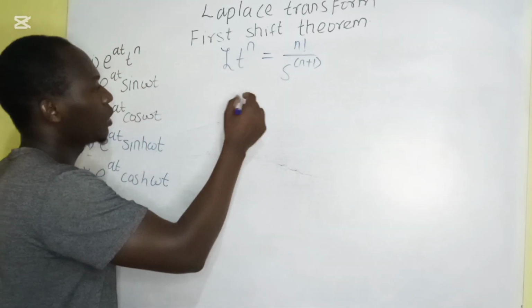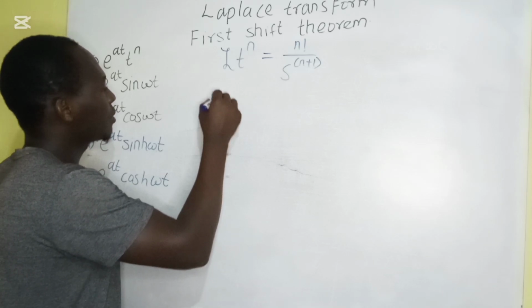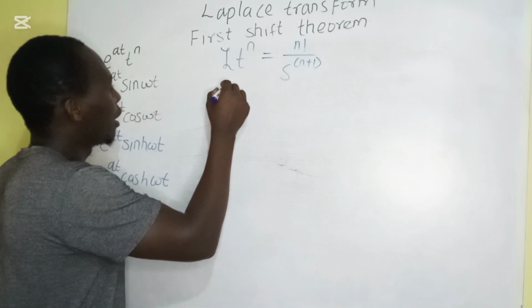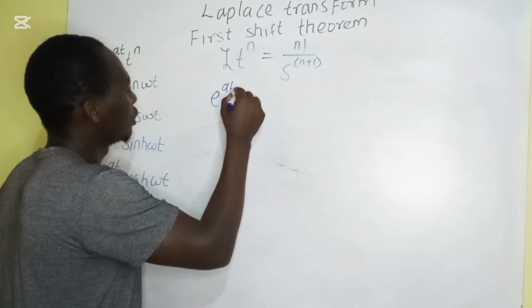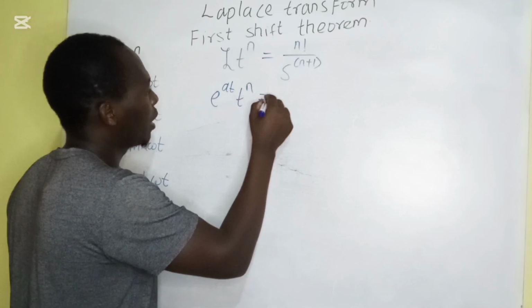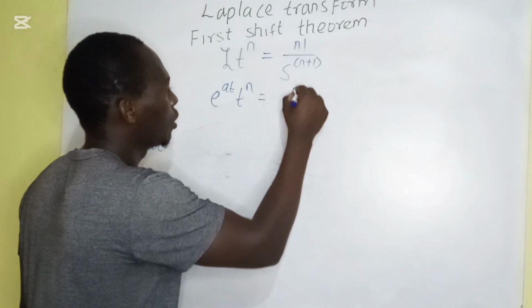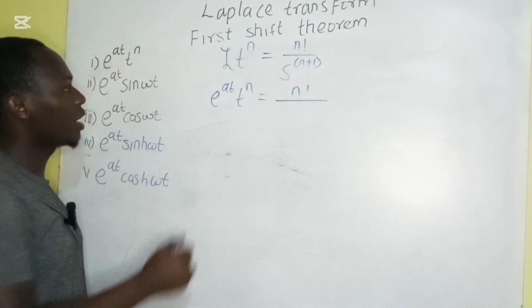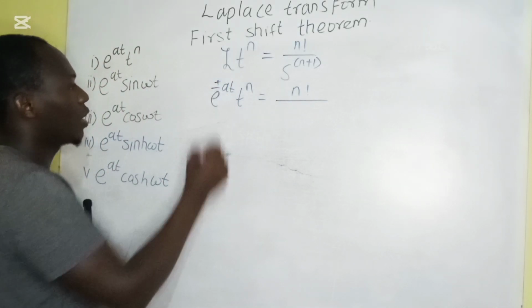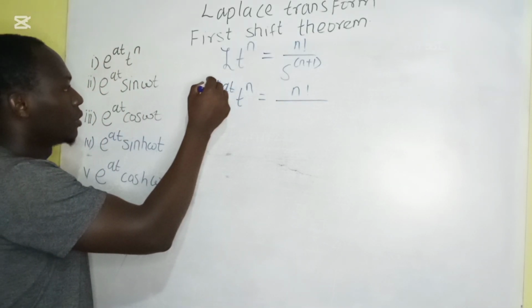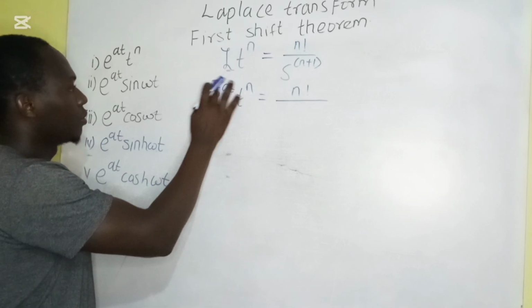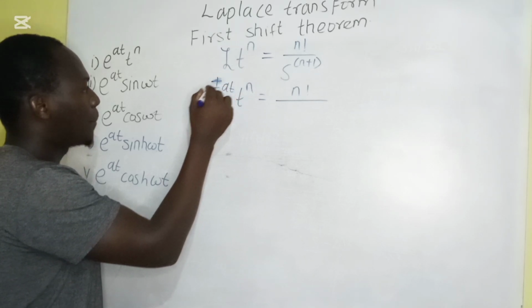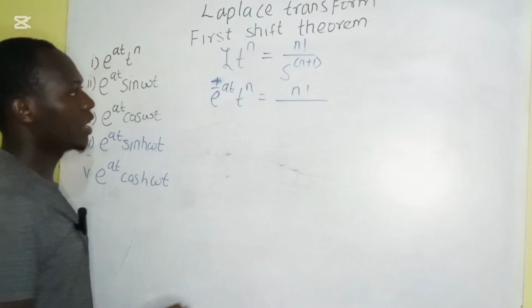And by doing that we are going to have the Laplace transform of e to the power of at times t to the power of n equal to n factorial all over. Here now we are having a positive or a negative of at.